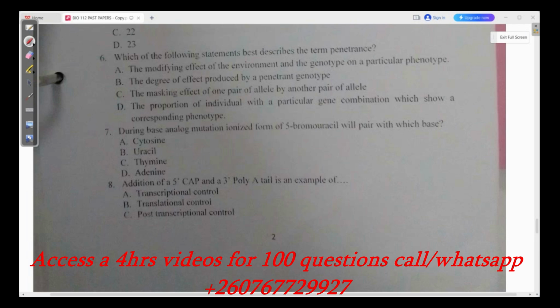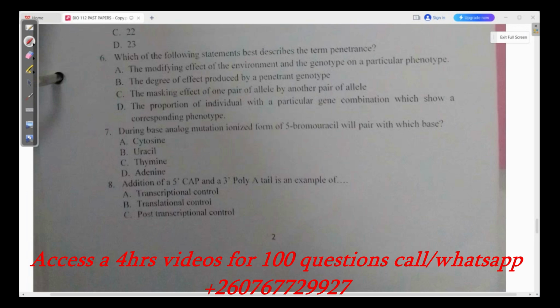So A is saying the modifying effect of the environment and the genotype on a particular phenotype. No. B is saying the degree of effect produced by a penetrant genotype. No. Then the masking effect of one pair of alleles by another pair, that is epistasis.